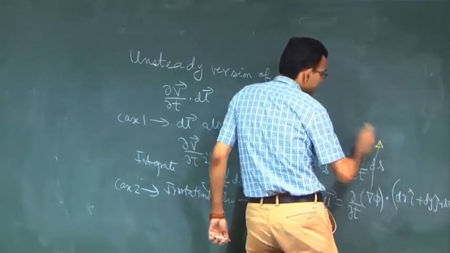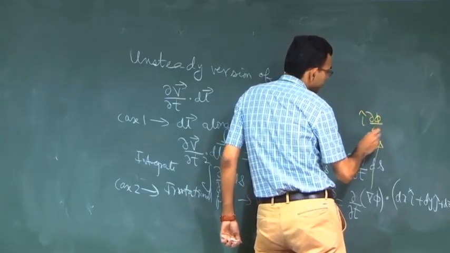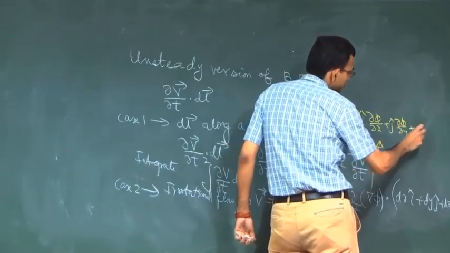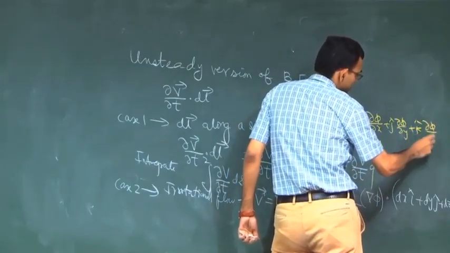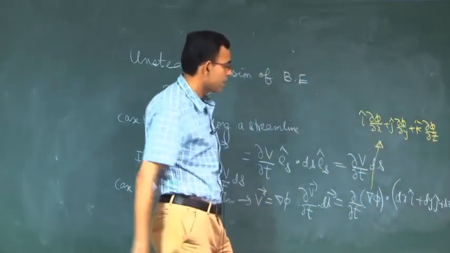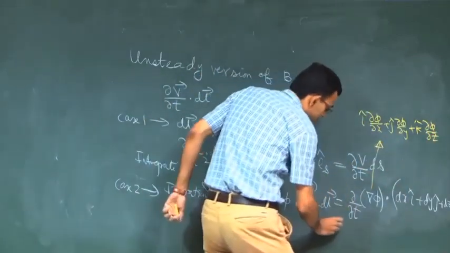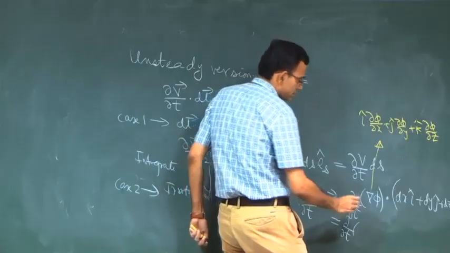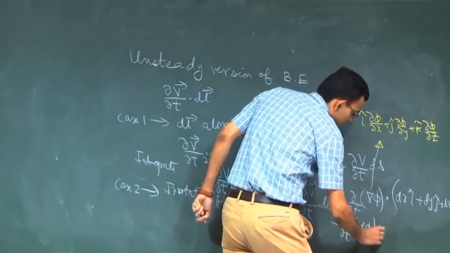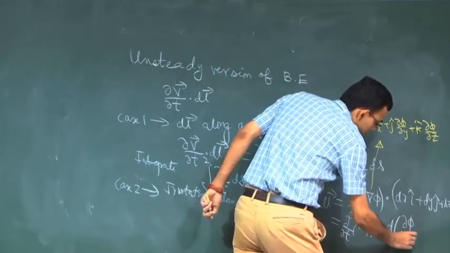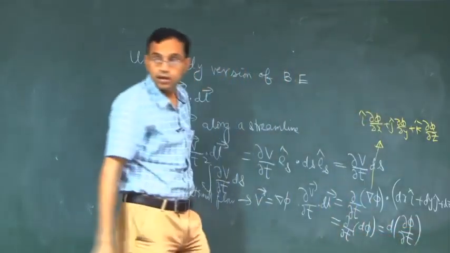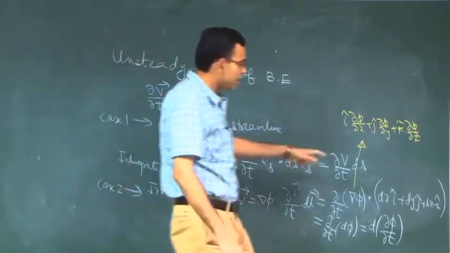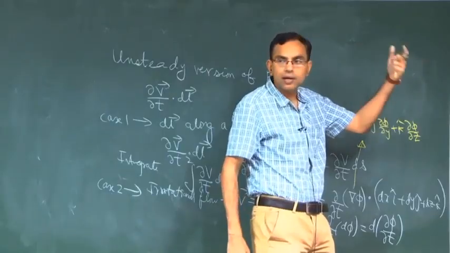So this becomes, so it nicely fits in the differential form of the Bernoulli's equation, because there is d of p by rho plus V squared by 2 plus gz.